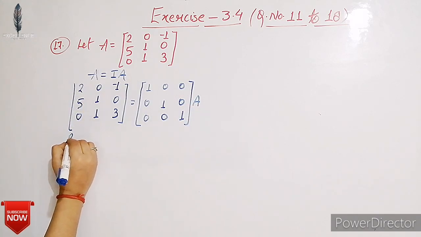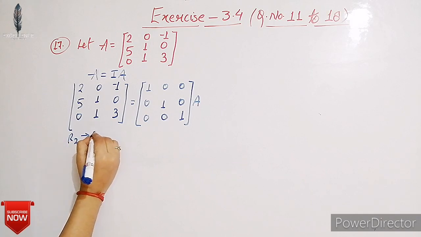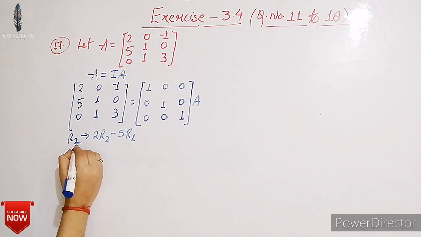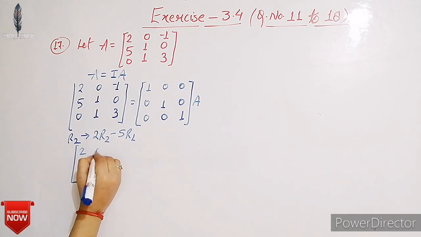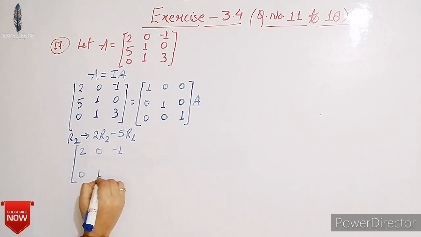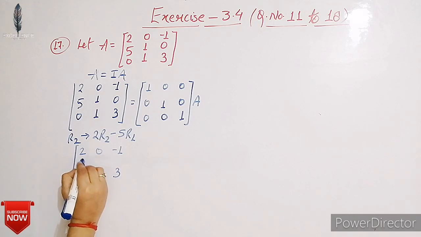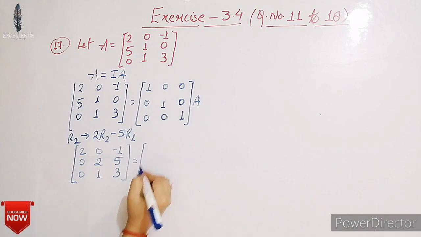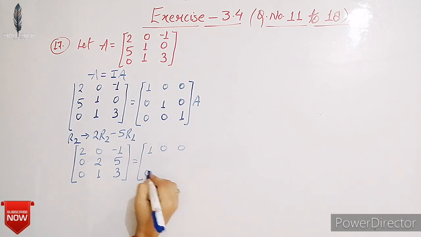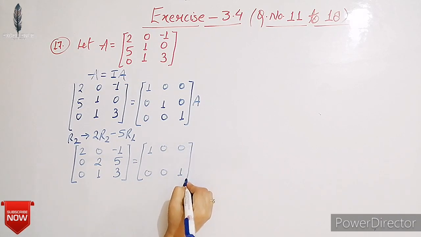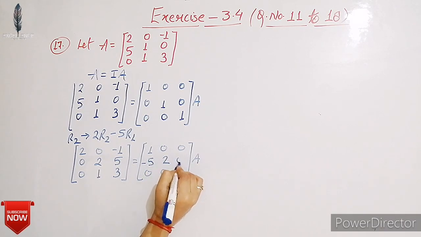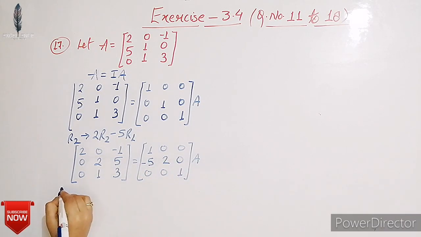So let's change R2 first, that is R2 becomes 2 R2 minus 5 R1, because we have to change 5 to 0. So R1 and R3 are the same and R2 becomes minus 5 2 0. Now change this one.